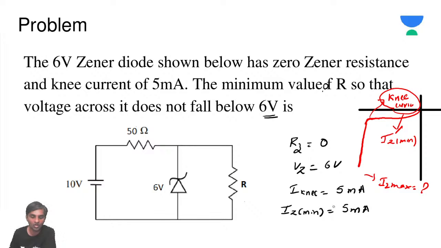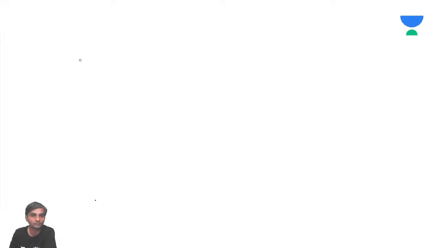Okay. Now we have to calculate the total current. So how will you calculate the total current, sir? Assume that 6 volts, obviously it should be 6 volts, I'll draw. So what is it saying, sir?